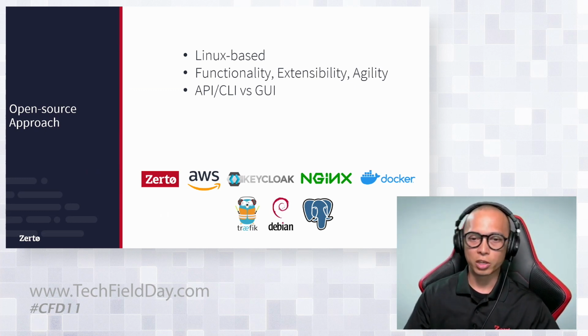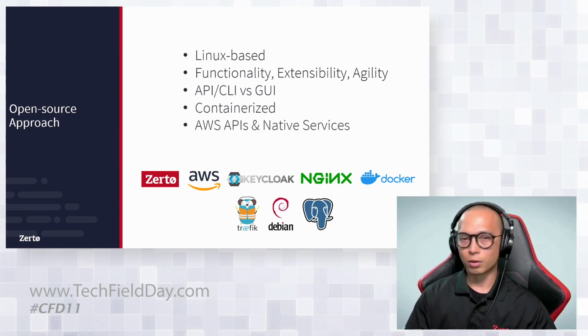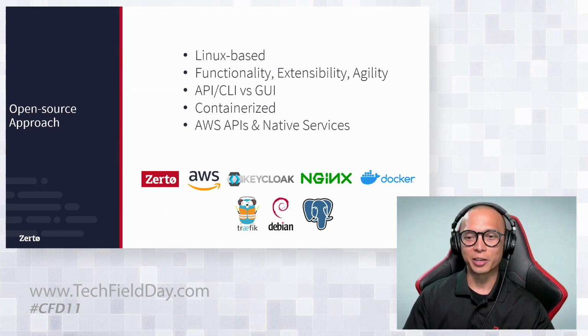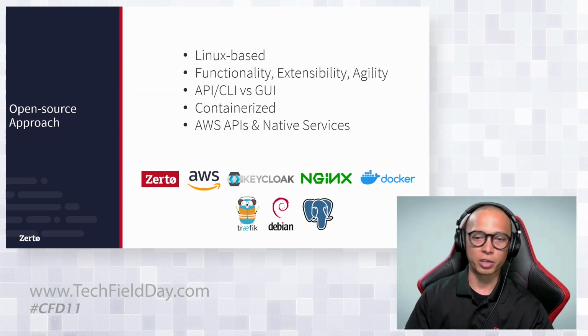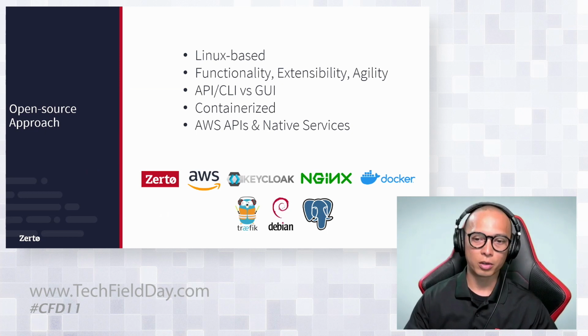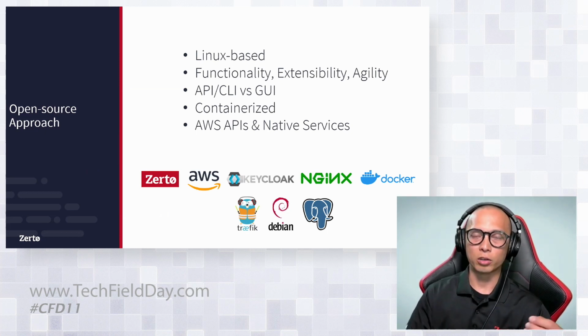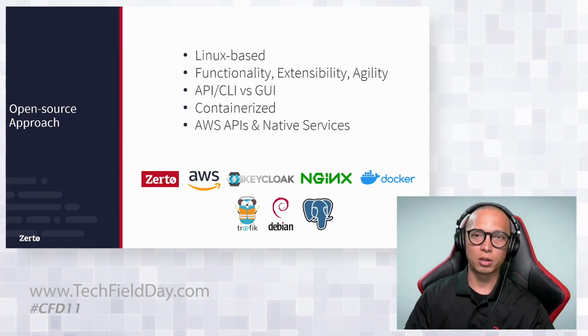So I mentioned Keycloak is going to offer, I'm just going to build this all out, identity and access management, but it's also going to bring multi-factor authentication capabilities to Zerto as well. So all of this is designed taking advantage of Amazon's existing APIs and their capabilities along with the native services.